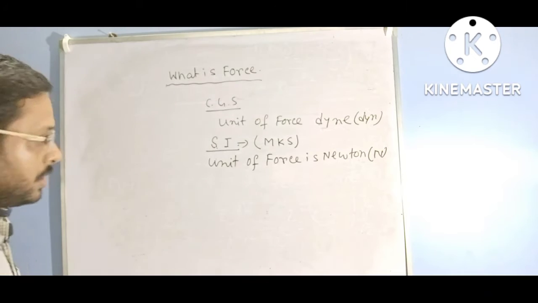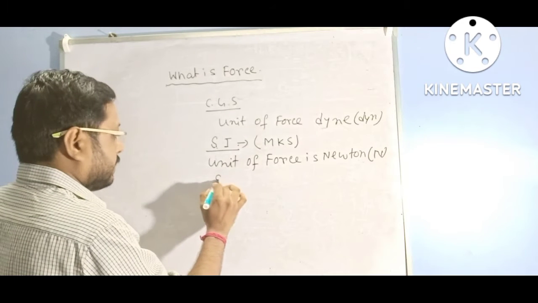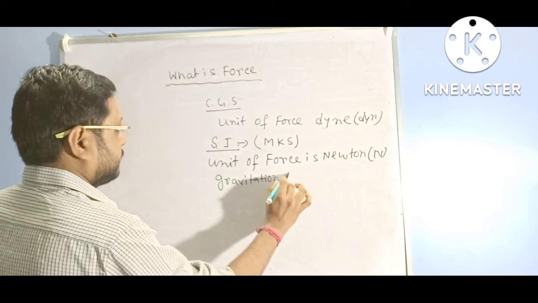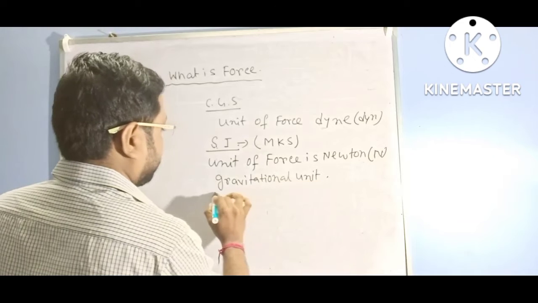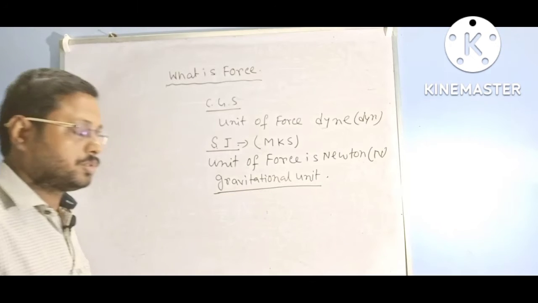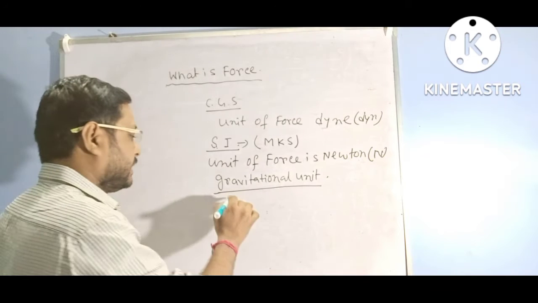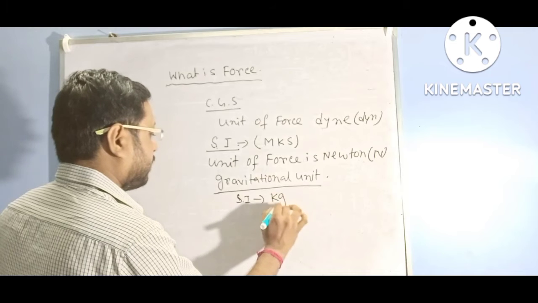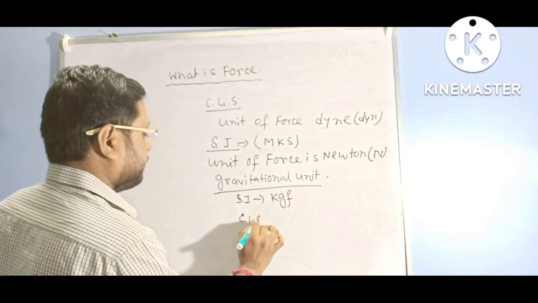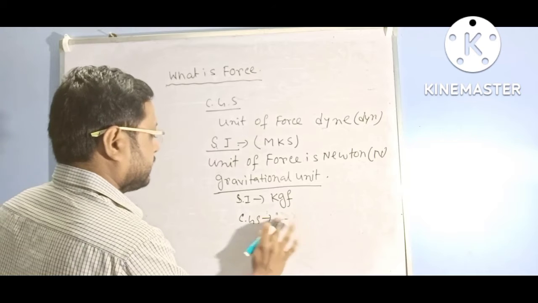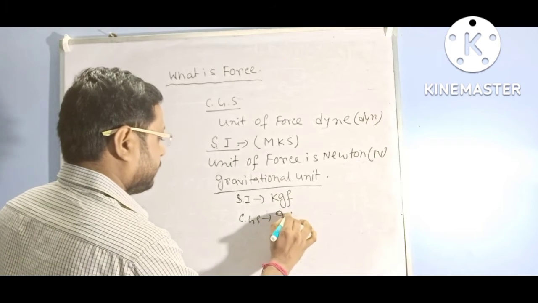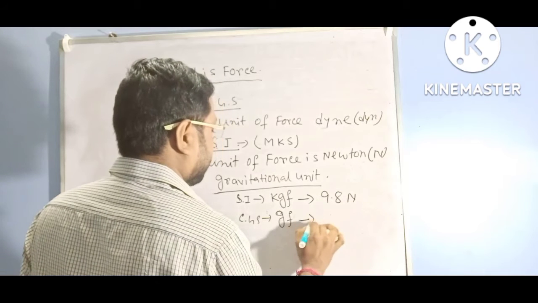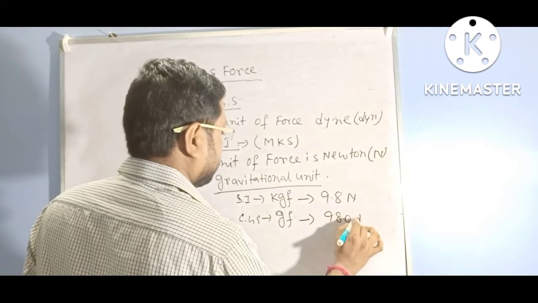And there is also a gravitational unit, but it is not so much used in present days, that is kilogram force in the SI system, and gram force in the CGS system. 1 kilogram force equals 9.8 Newton and 1 gram force equals 980 dyne.